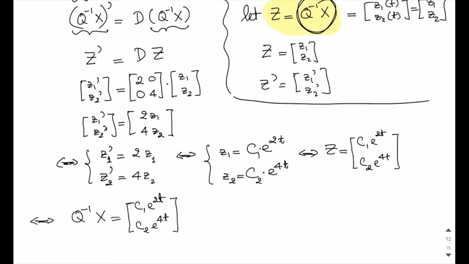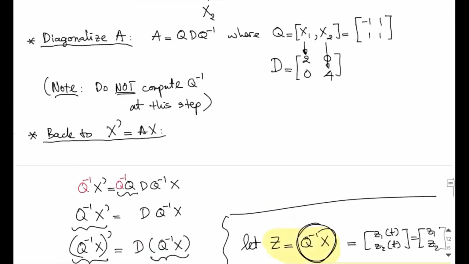Then we are going to multiply Q to both sides to cancel off the Q inverse here. And we are going to get x equals, now the Q, we know the Q. What is it? It was known to be negative 1, 1, 1. We computed it when we diagonalized the matrix A.